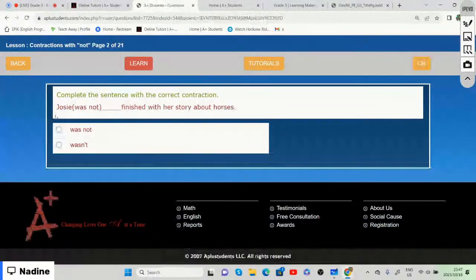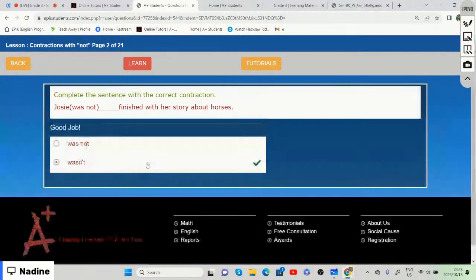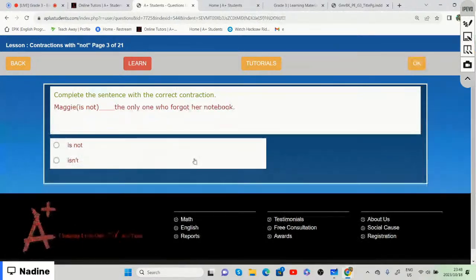Josie was not finished with her story about horses. So is it was not or wasn't finished with her story about horses? All right, so if we choose the correct contraction, we can say wasn't. And wasn't is correct. So well done. Next to the last one.